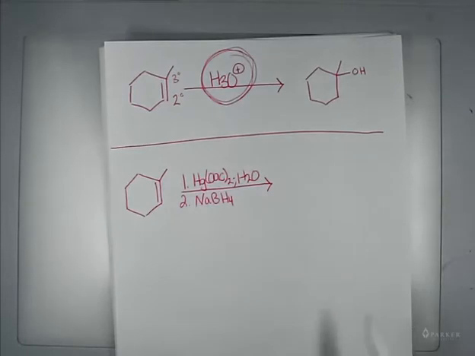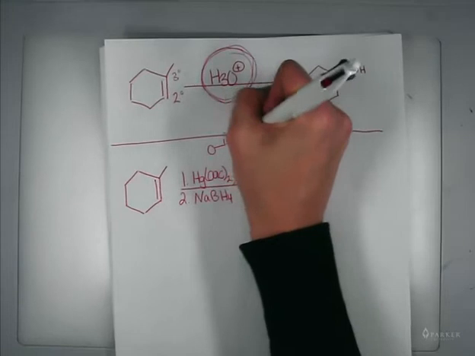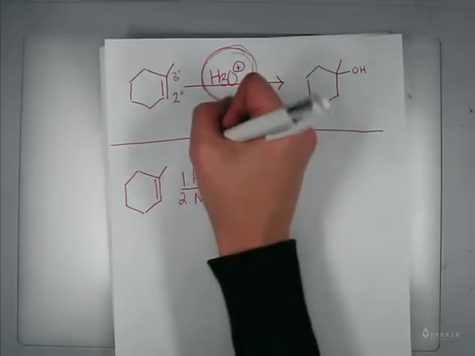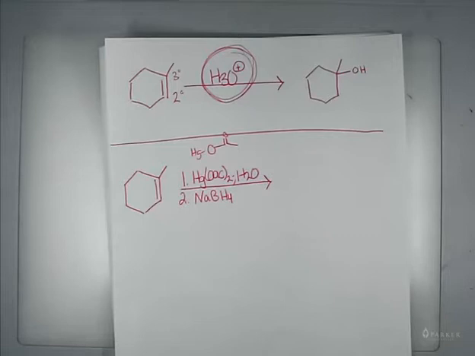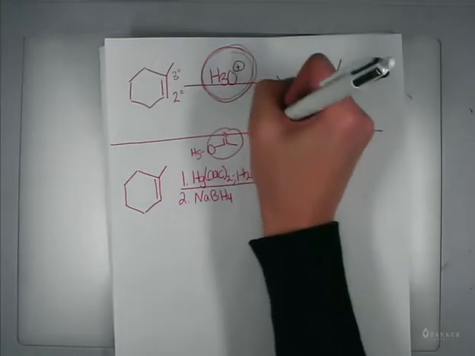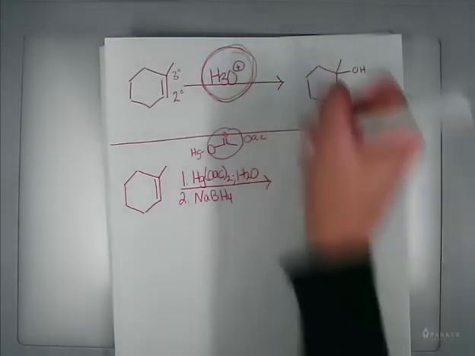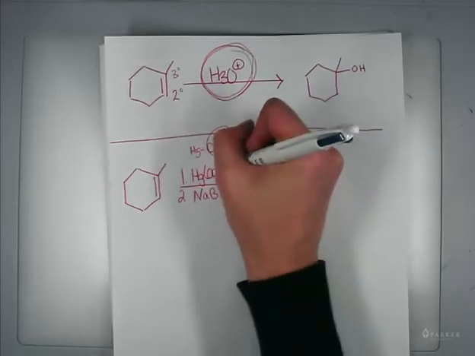OAc, so that's O acetic, and that group looks like this, bonded to mercury. Like acetyl. It's an acetyl group bonded to an oxygen. This is that group. OAc.